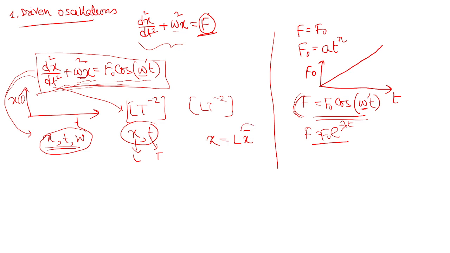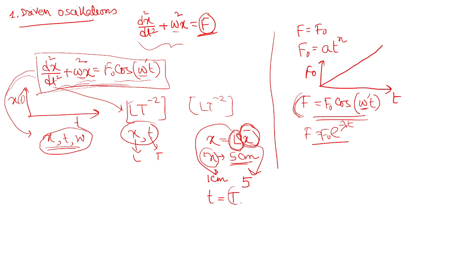Suppose x is 5 cm. Then x bar is the pure number, and L is 1 cm. So the dimension involved with x we are absorbing in the scale, and we are multiplying that scale with a pure number. Similarly for time, if this is our time scale, then we can write t as T t bar, where t bar is also a pure number.